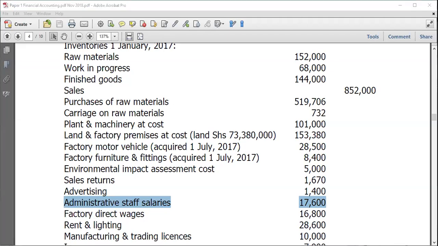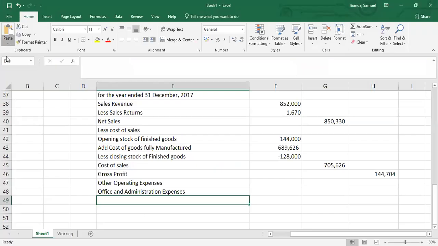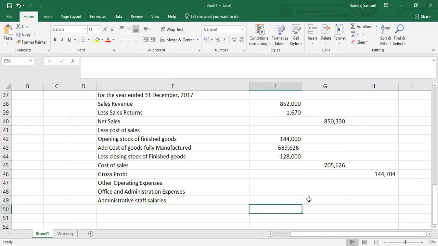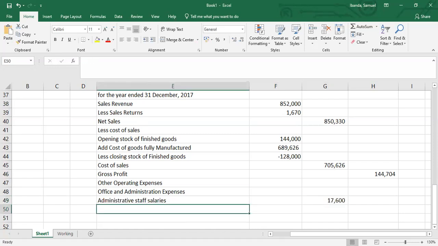So you copy it and you're able to take it to your administration expenses. So I'll just come here, include it here, and just pick the value. Let me first work in this column.